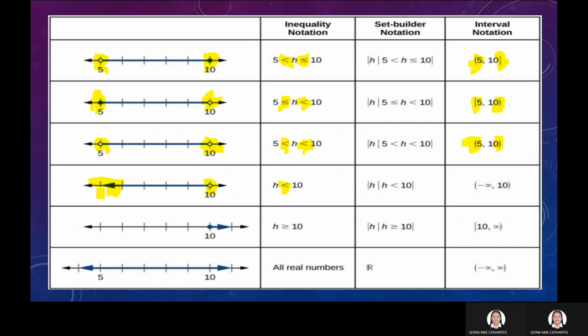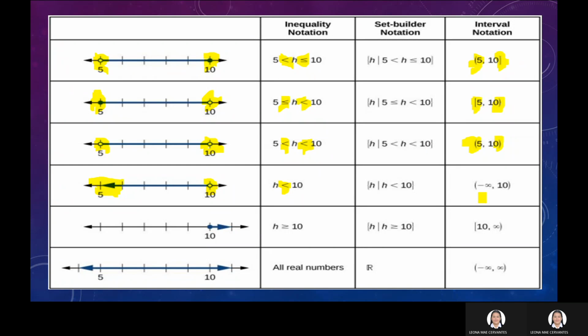So inequality notation, we have h is less than 10. Set builder notation, we have the set of all h such that h is less than 10.